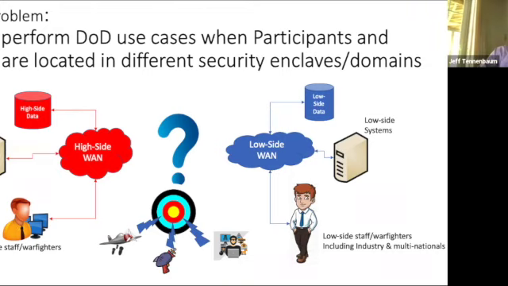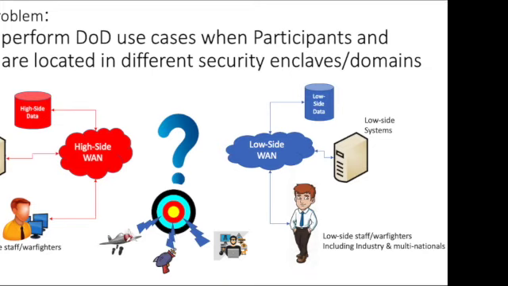DoD has these things called multiple security domains. How do you work in that kind of environment? For those of you perhaps not familiar with that, this screen illustrates the concept. At the biggest level, you've got a low side wide area network like the NIPRNet, and you've got a high side wide area network like the SIPRNet.